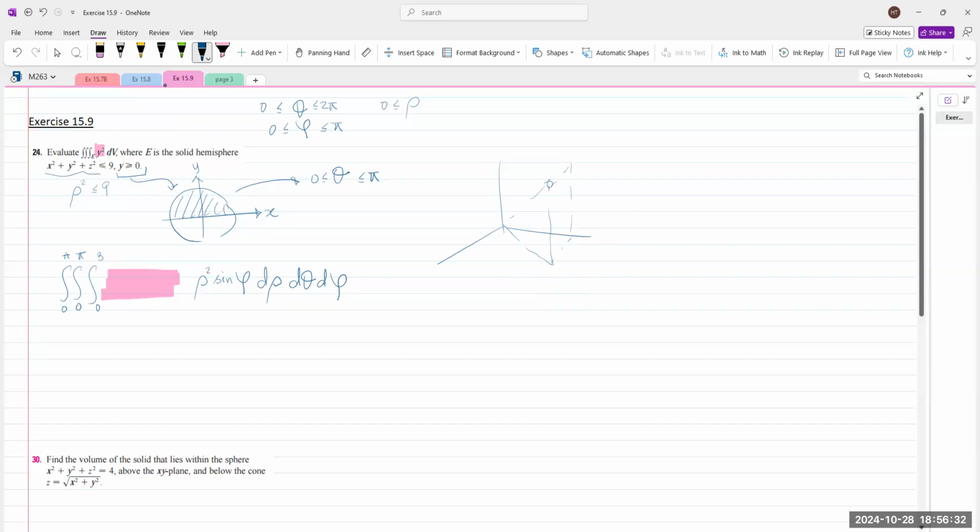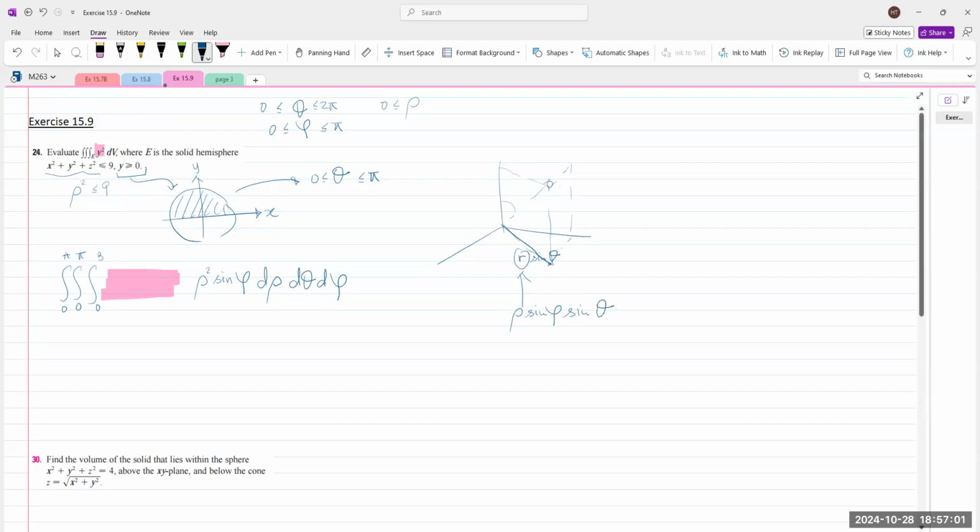y is r sine theta, but r will be rho sine phi.